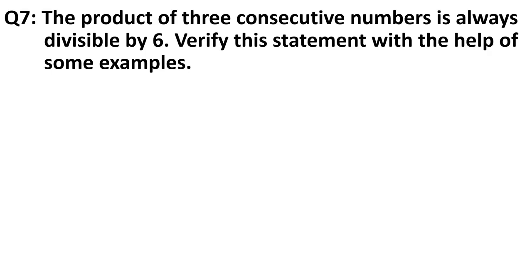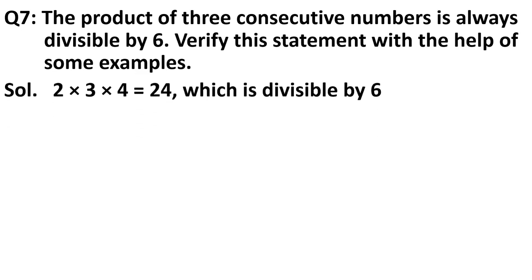Now see the solution. I have taken 3 consecutive numbers 2, 3 and 4. Find their product. 2 multiplied by 3 multiplied by 4 is 24. Is 24 divisible by 6? Yes. I have done it by one example.